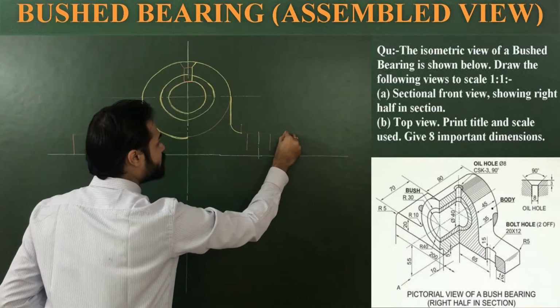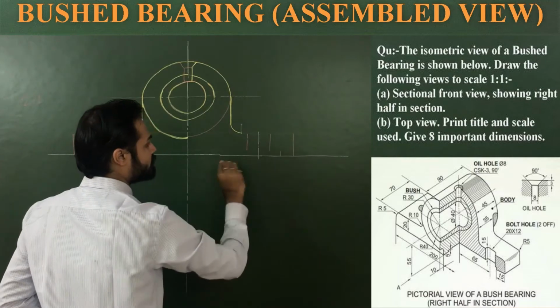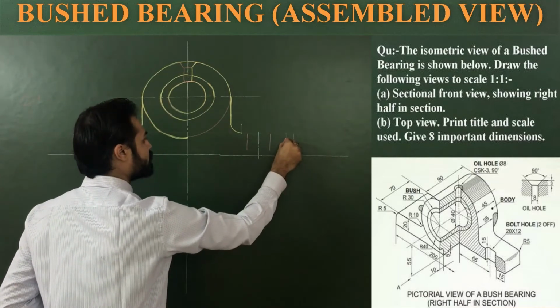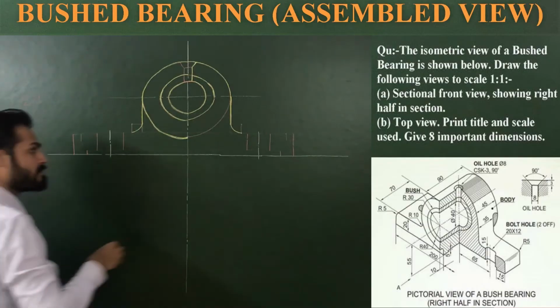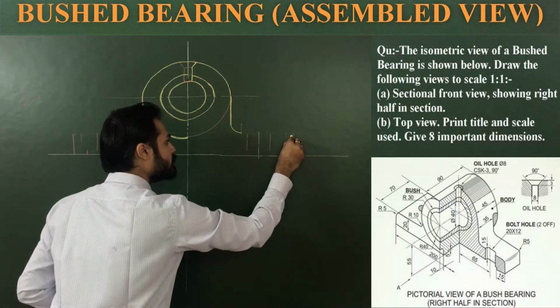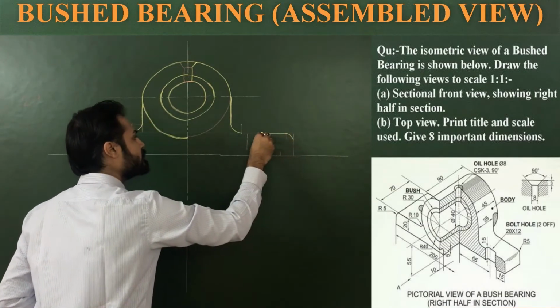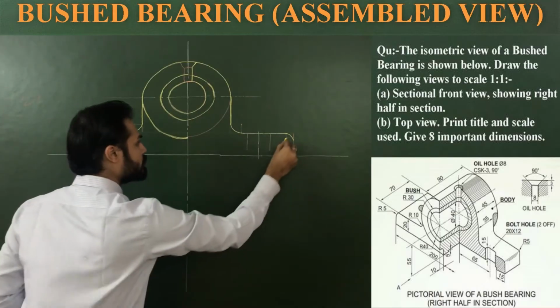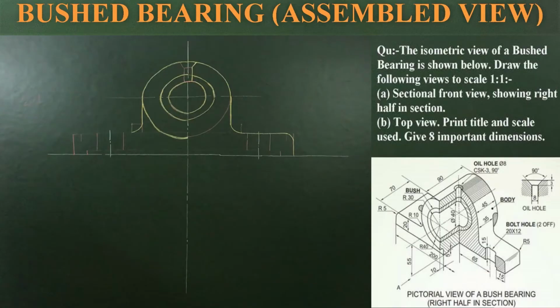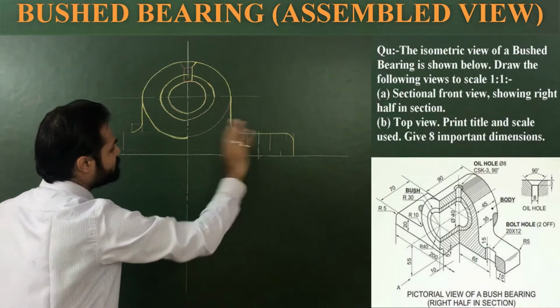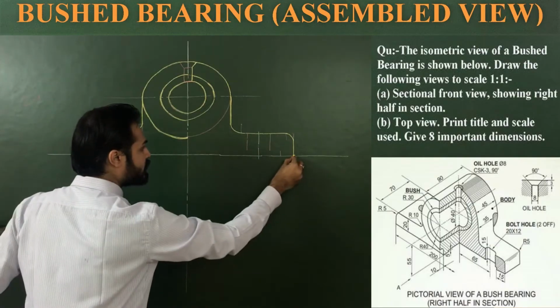Again from this corner, 5, this is the center. From this point, 5, this is the center. So for fillet radius 5, draw fillet like this.